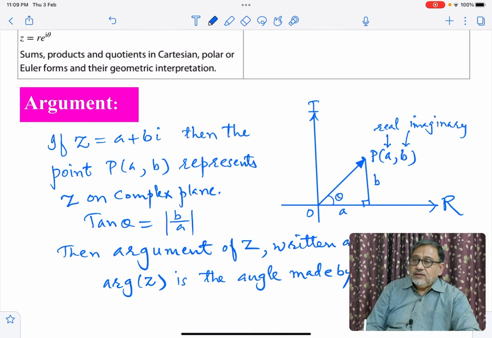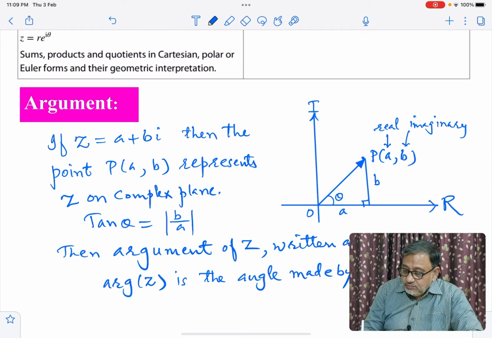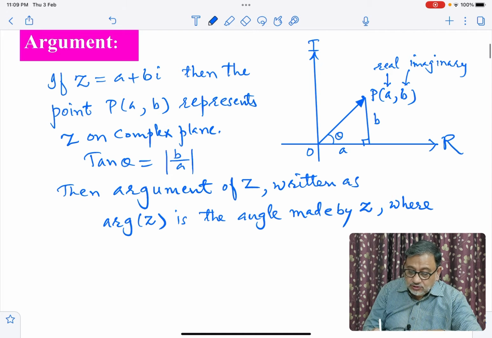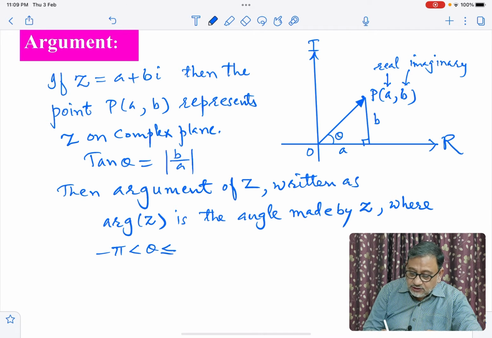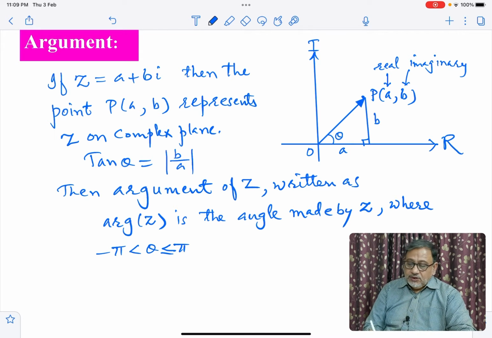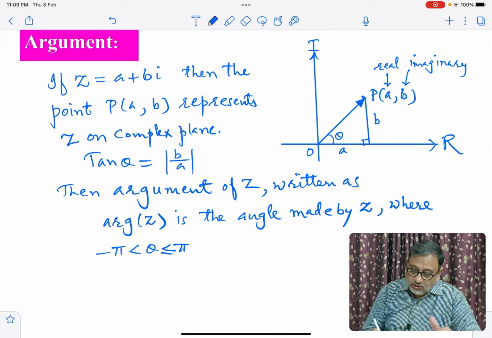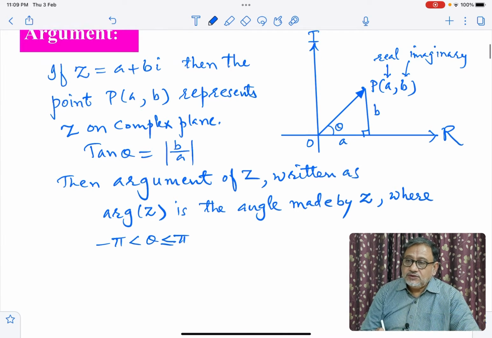Now this is also very important: the domain of theta is minus pi less than theta less than or equal to pi. So remember that your answer should be between negative pi and positive pi. In the anti-clockwise direction we take it positive, and in the clockwise direction we take it negative. I'll show you about the sign convention.